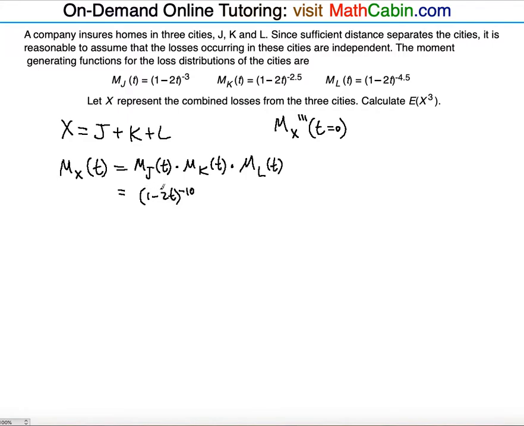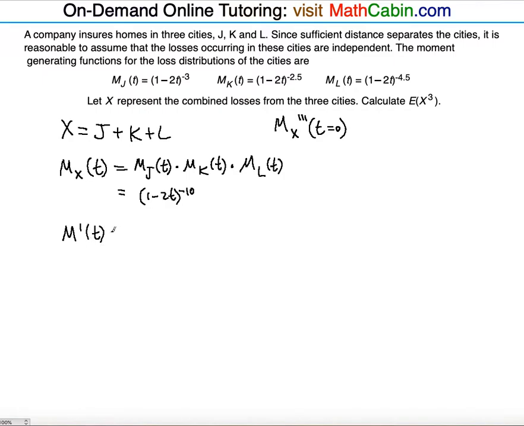Excellent. Now that we found it, we need to find the third derivative and then find the value at t equals 0 to find the expected value of X to the third. So let's do that. Let's take the first derivative. We assume it's the moment generating function of X; we don't have to write it, but if you want, you can.